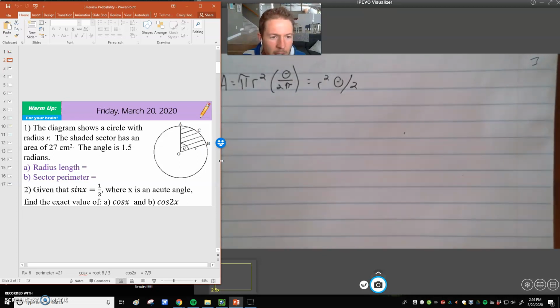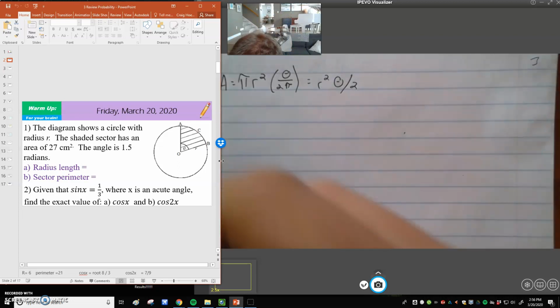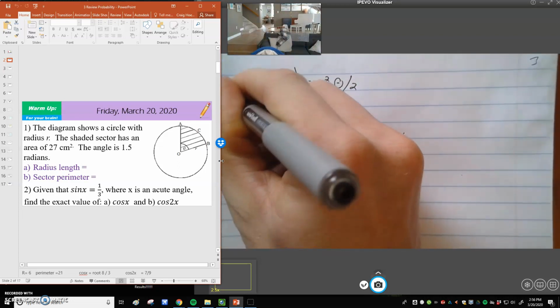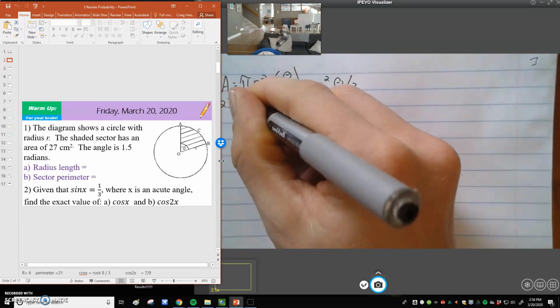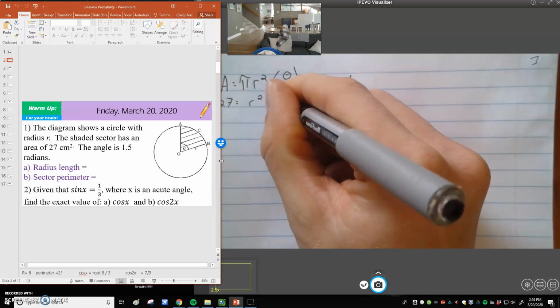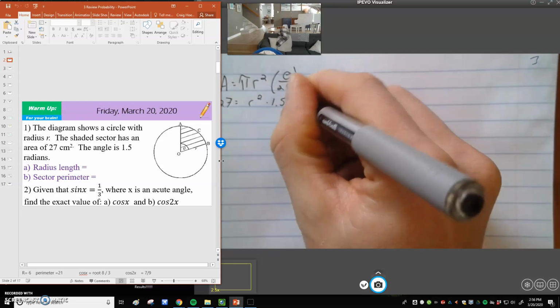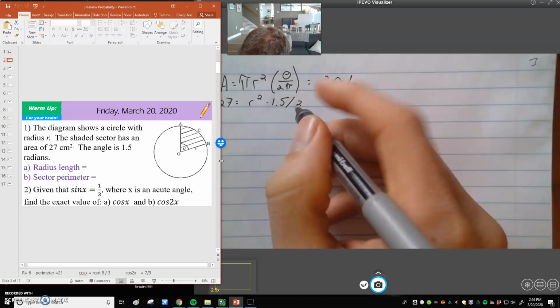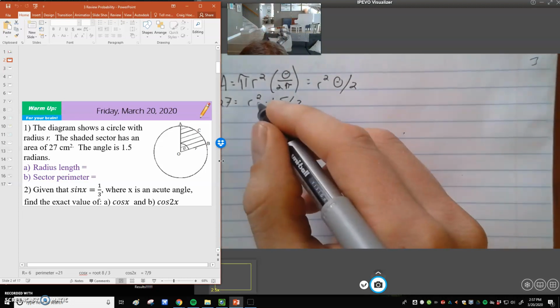Here they've given us the area, we're asked to find the radius, so let's go ahead and do that. Our area is 27. 27 is equal to r squared times 1.5 over 2. Let's go ahead and get after this. First I'm going to multiply by 2.